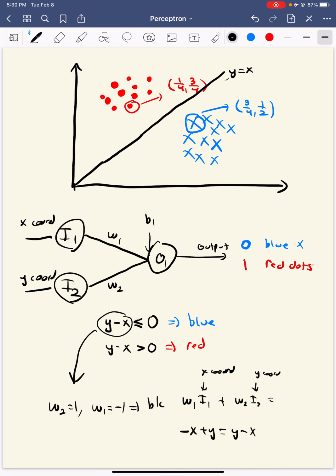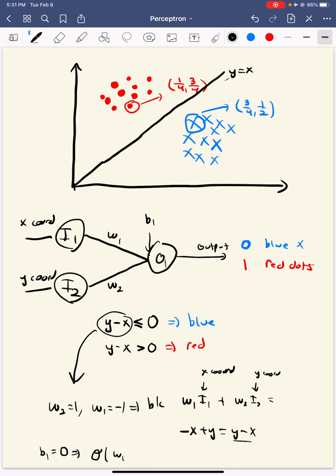This is y minus x. Now, if I choose a bias of 0, this is precisely what I want, right?